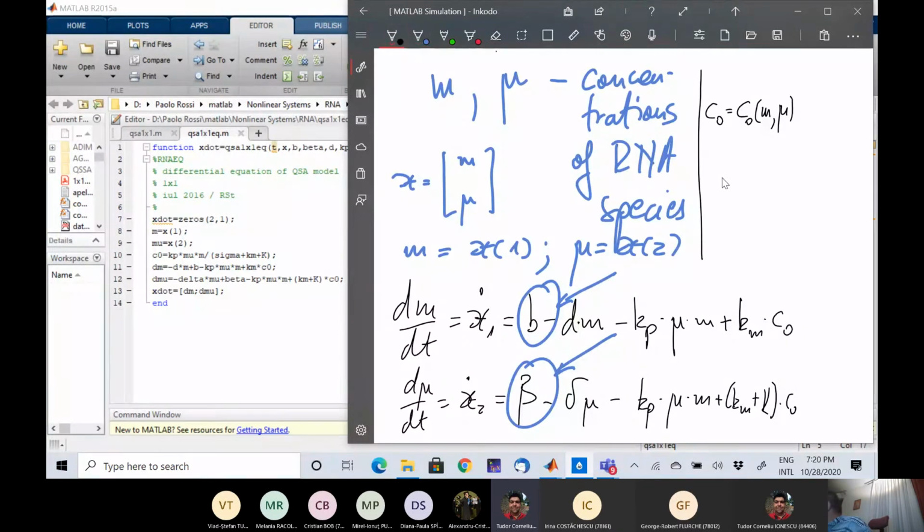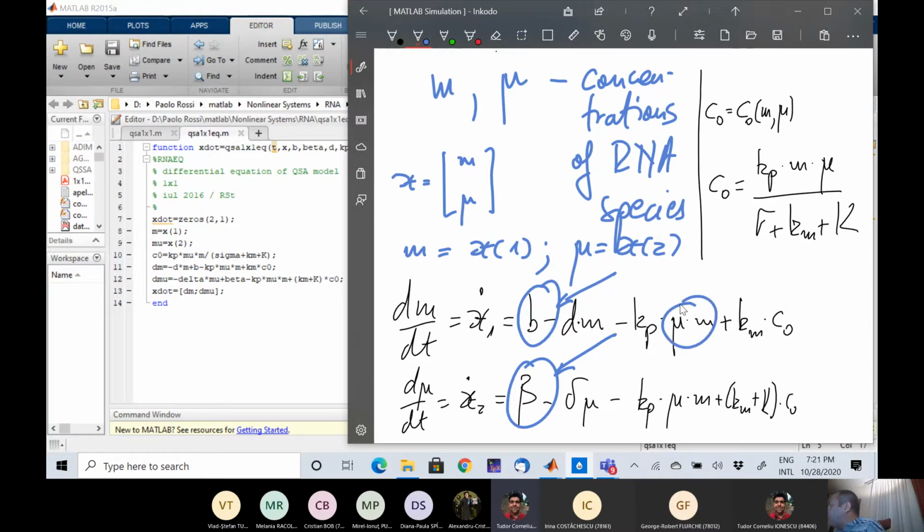Let me also copy, for the sake of completeness, the expression of C0. This will be Kp m mu, and we will have down sigma plus Km plus capital K. Okay. So obviously, you see, it's a nonlinear system. Why?